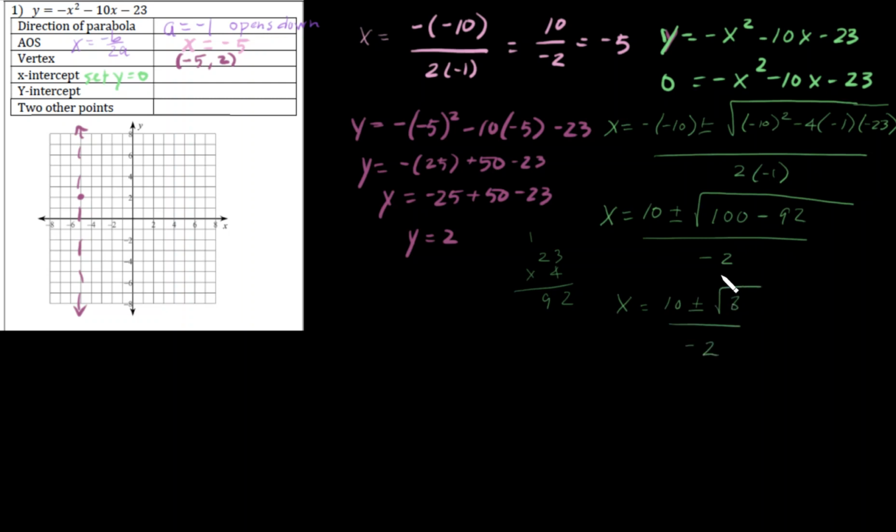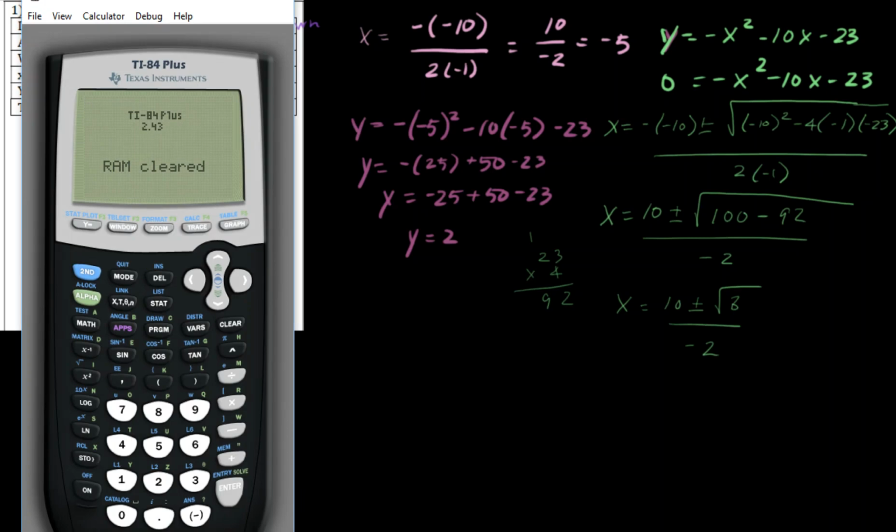Now, you guys are here and you're wondering, what do I do? Well, you can actually put that in the calculator. Let's go ahead and get up my calculator. I'm going to put 10 plus the square root of 8, and that divided by -2.